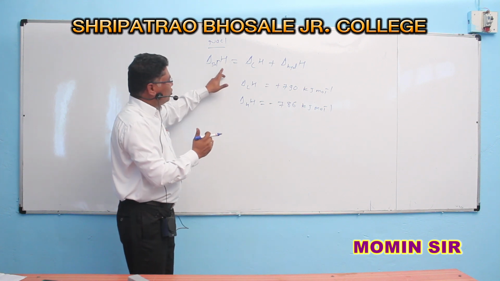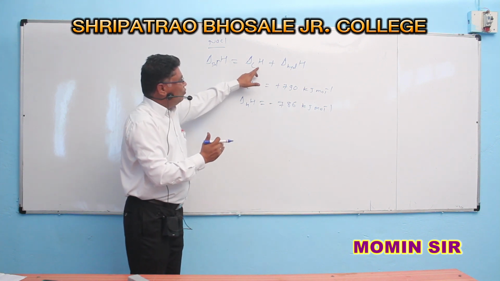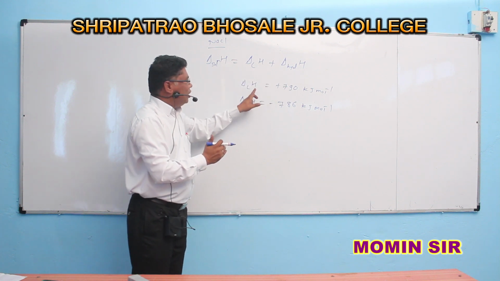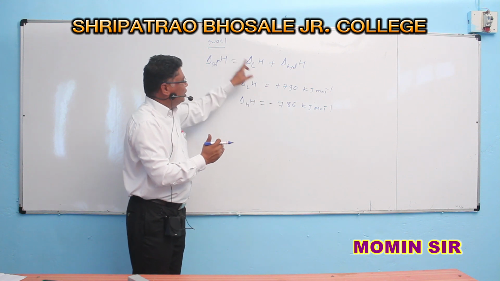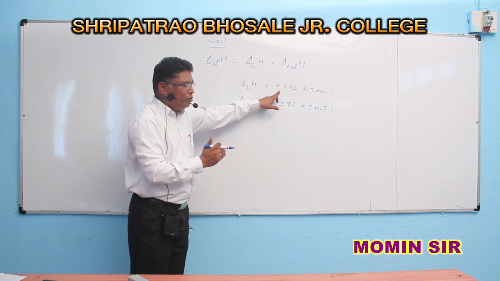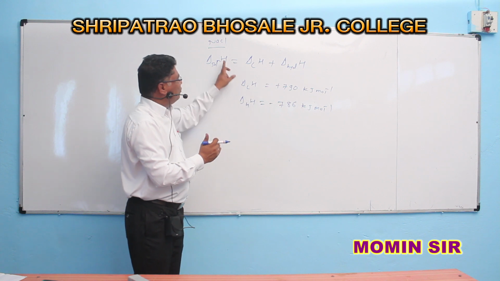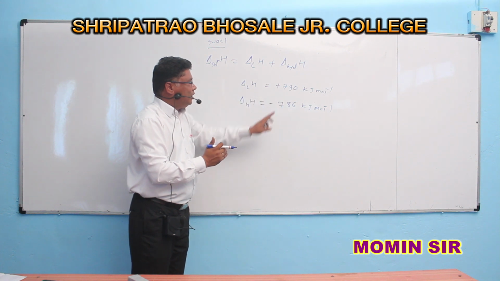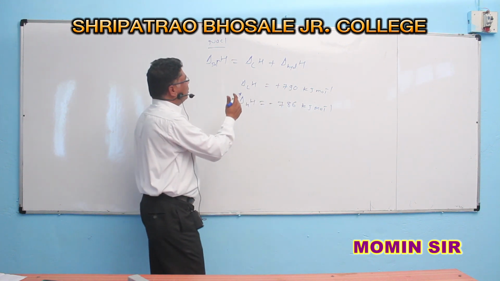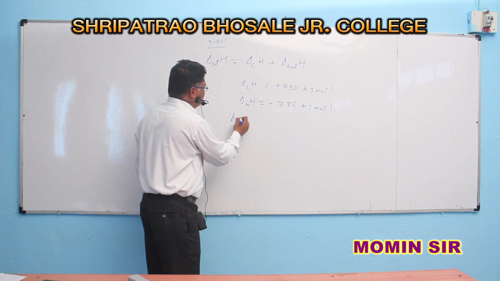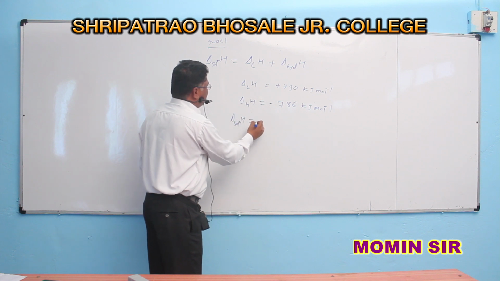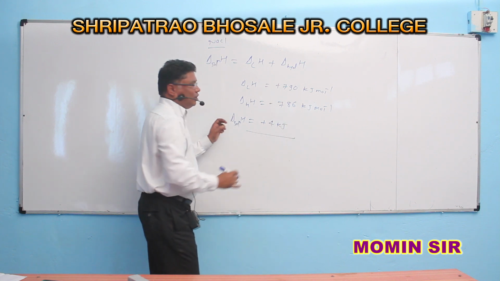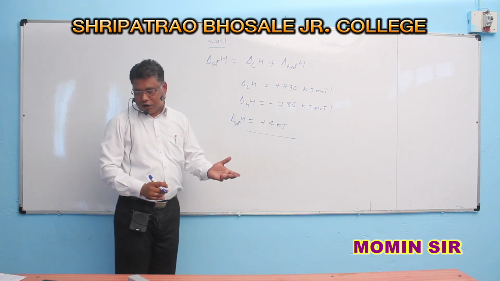So plus 790 and minus 786 means the enthalpy of solution of NaCl is plus 4 kilojoule. That is about the enthalpy of solution.